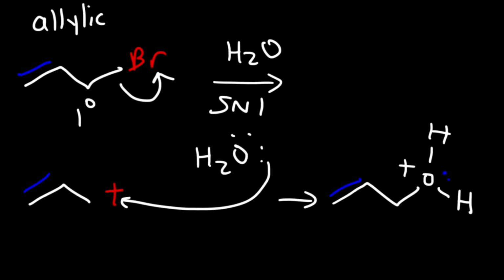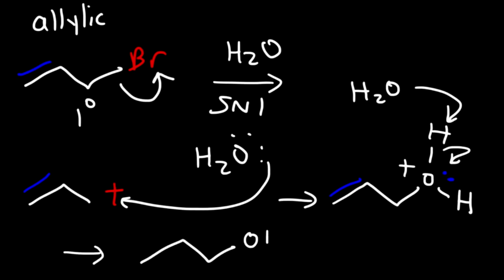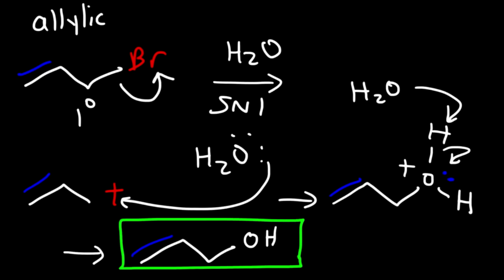The last step is deprotonation. We take off a hydrogen atom, and this gives us an allylic alcohol. Typically, whenever you react water with an alkyl halide, you're going to get an alcohol as a major product, regardless of whether it's an SN1 or an SN2 reaction.